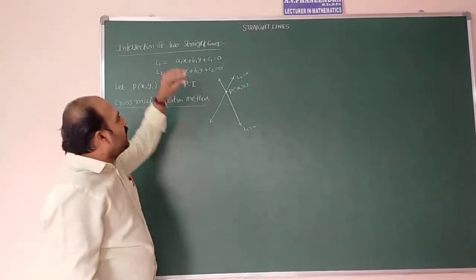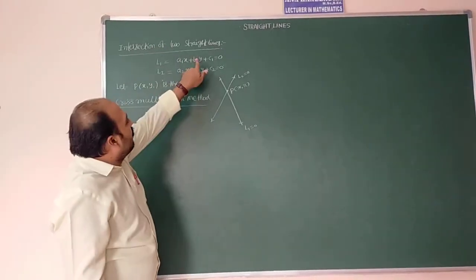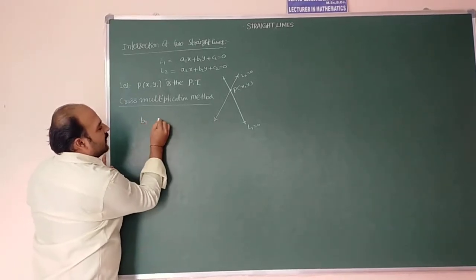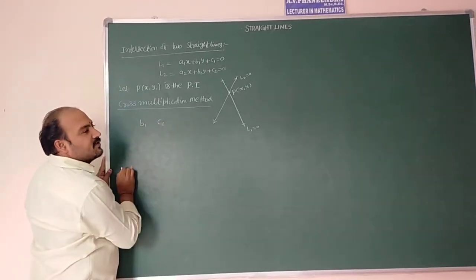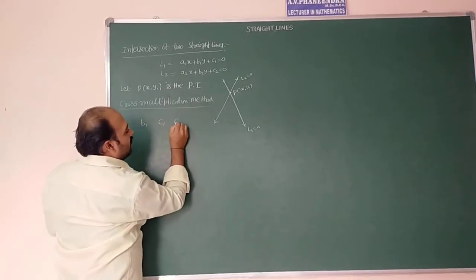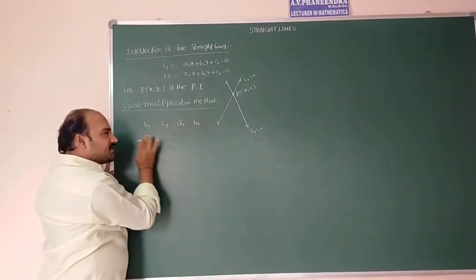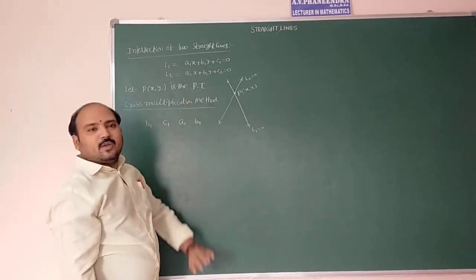First, what we have to do: in both the lines, the y coefficient you have to write. Y coefficient is what? B1. Next the constant, you have to write C1. Again the x coefficient, you have to write A1. Again the y coefficient, it is B1. Same procedure you have to follow for the second equation also.